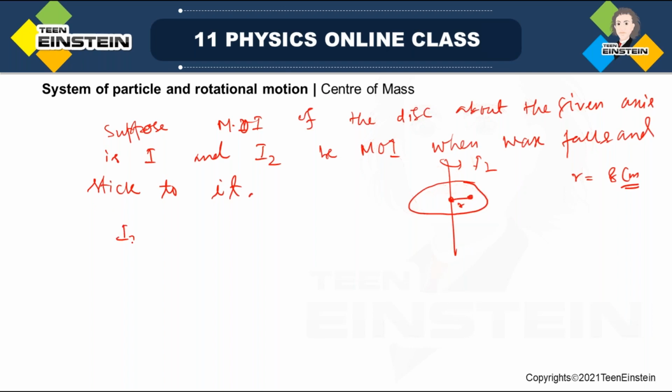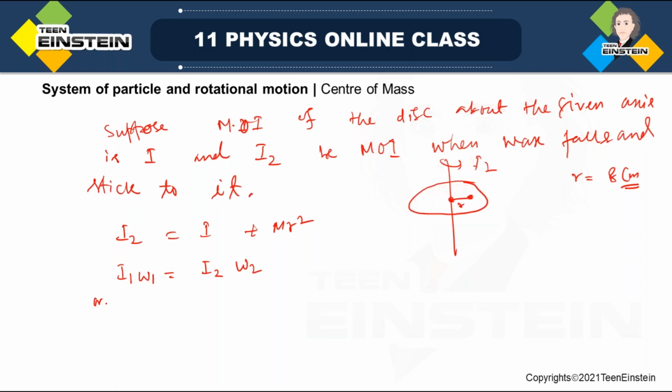So this I2 can be written as I_CM, or its own moment of inertia, plus m small r square, right? This I_CM is nothing but I itself, the moment of inertia of the disk about its own axis. Now I can write I1 omega 1 is equal to I2 omega 2.